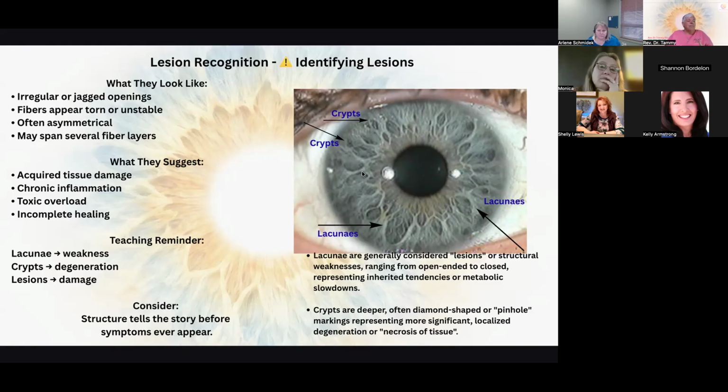It really depends on where you see the lacunas or the crypts on that map. Let's say they were exposed to chemicals in a workplace and their lungs are showing a lacuna and they just recently quit their job. That's where I would focus, in the lung area, and get those lungs healthy again. Does that make sense? Yep.